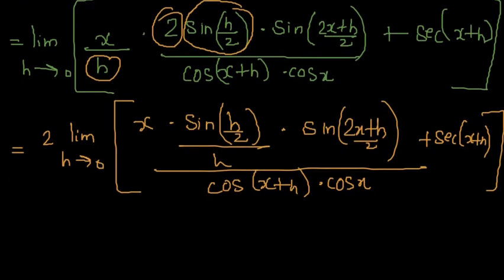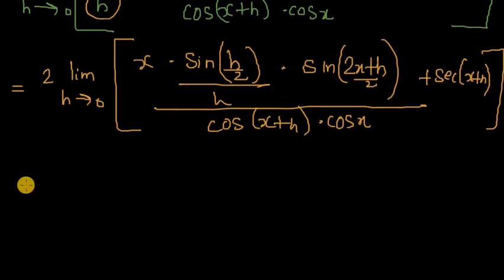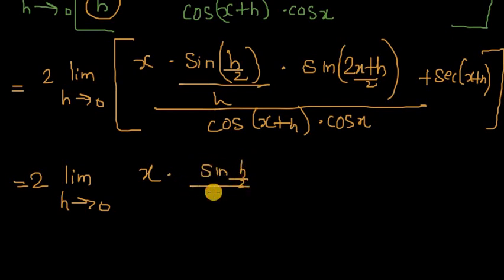Focus on sine of h by 2 for now. This is 2 into limit h tending to 0, x into sine of h by 2. I'll just make this h as h by 2, so I'll have to multiply by 2 over here.